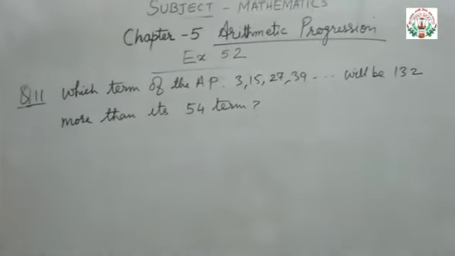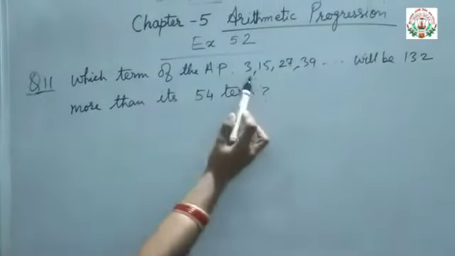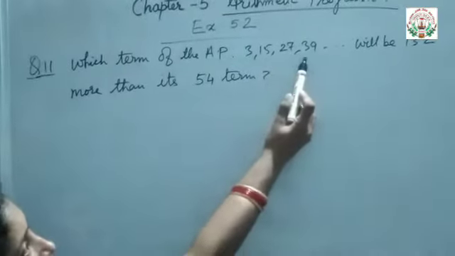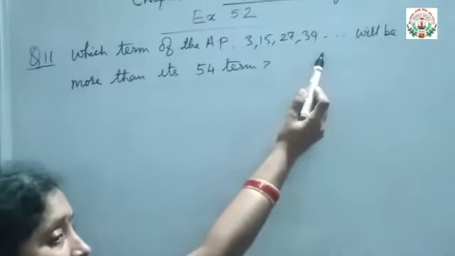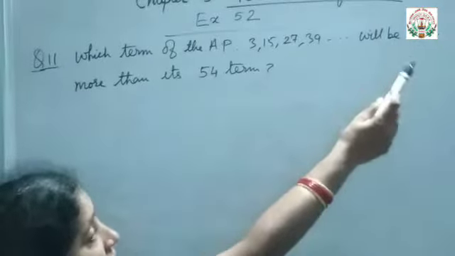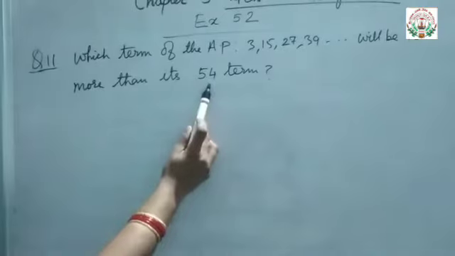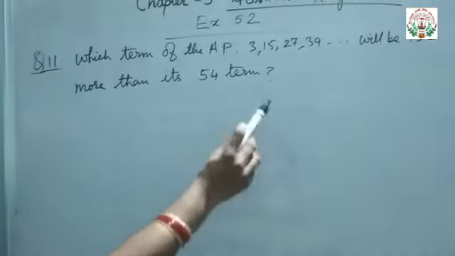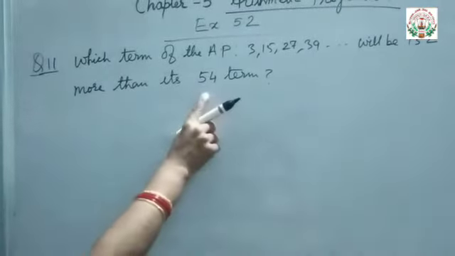Now let us see the 11th question. Which term of the AP, that is the AP series given, that is 3, 15, 27, 39 dot dot dot. Dot dot dot means what? Which term of this infinite AP will be 132 more than its 54th term? Means first the 54th term we will take out using nth term formula, and the term which is not known to us is 132 more than this.